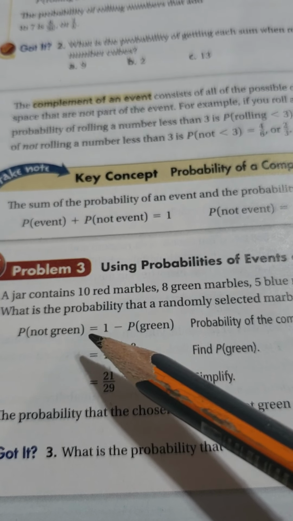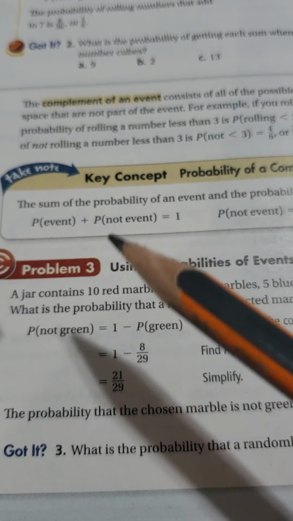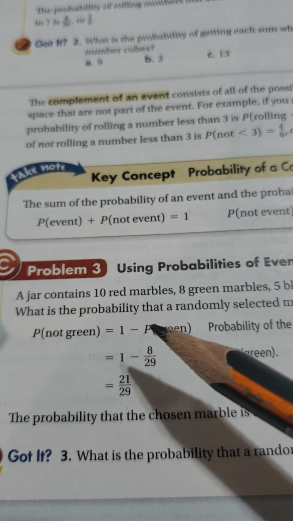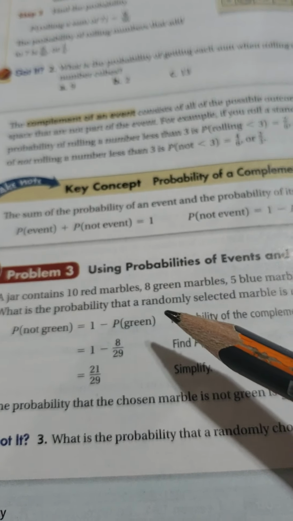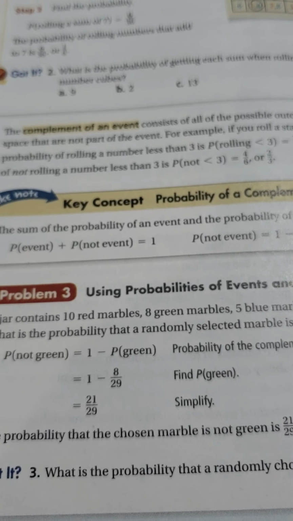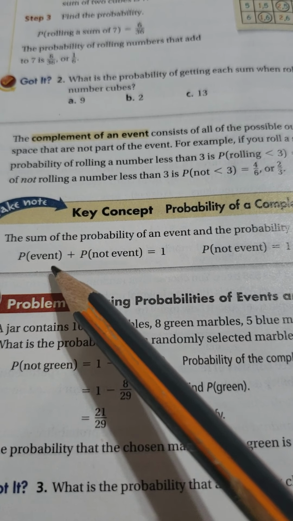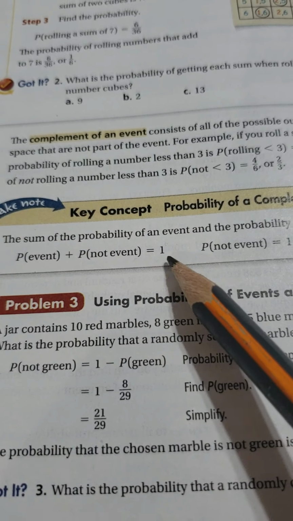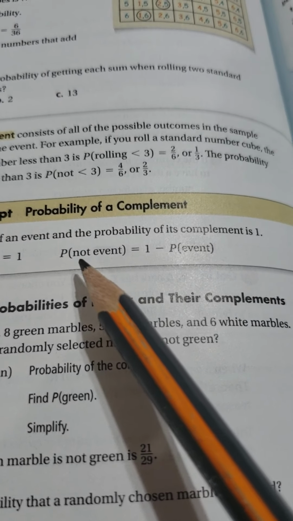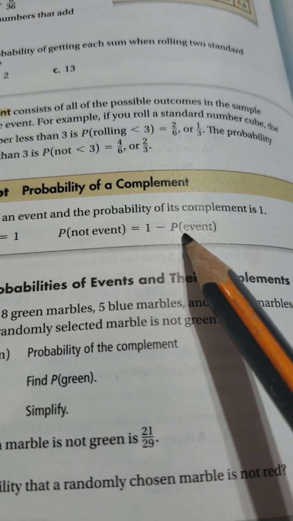It will be 100 minus 40, that is 60%, or 1 minus 0.4, or 0.6. That is the complement. The probability of getting the event plus the probability of not getting the event is equal to 1. The probability of not getting the event is 1 minus P of the event.